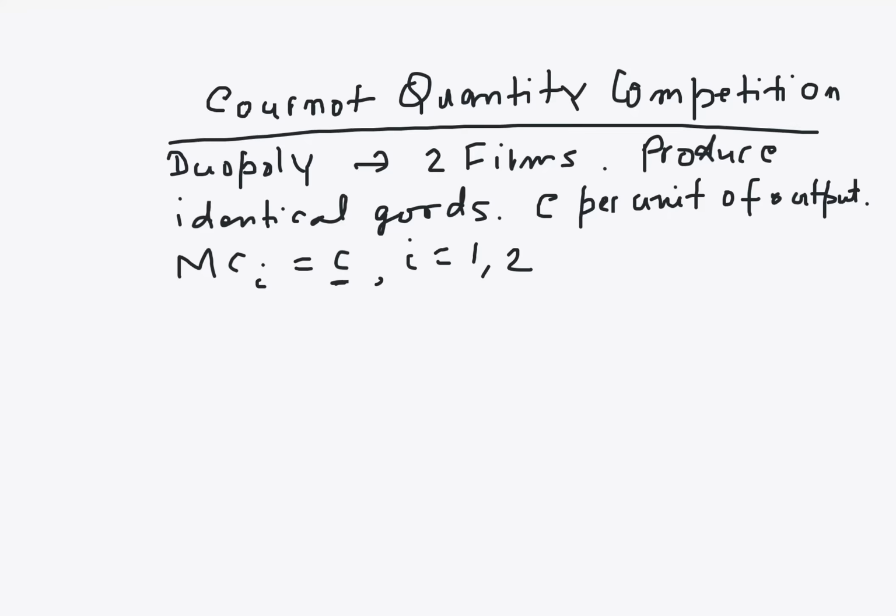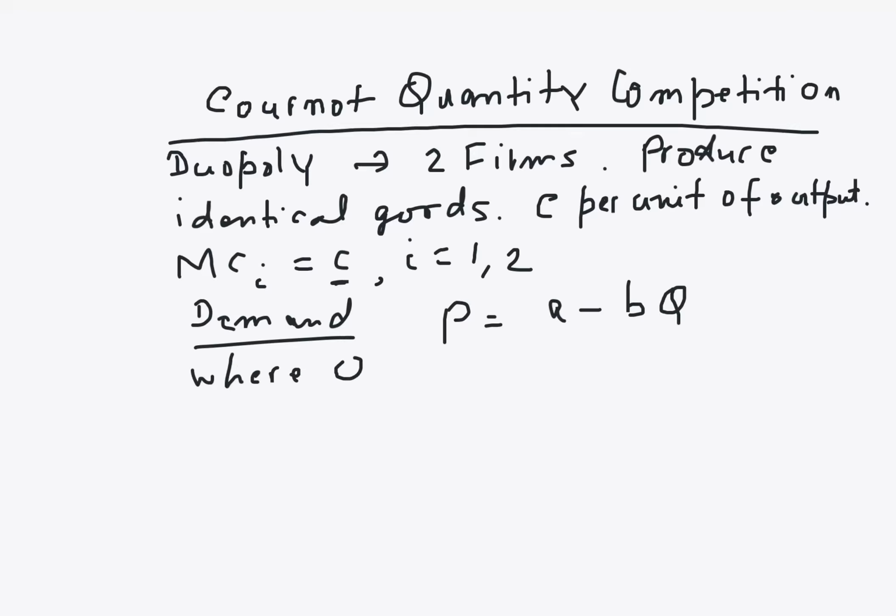And let's suppose they face the market demand curve. So demand is given by this equation, price P equals A minus B times Q, where Q is the industry output. So Q is equal to quantity produced by firm 1, which is Q1, plus Q2.